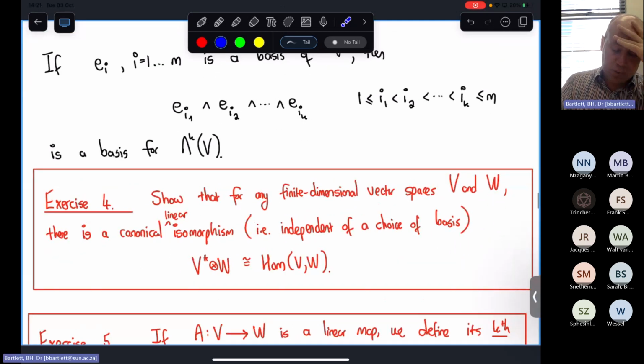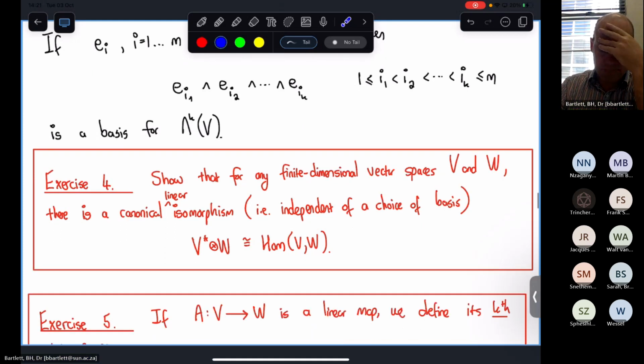So you get all sorts of really important facts. For example, if you take the dual space of a vector space and tensor it with some other vector space, then that's canonically isomorphic to linear maps from V to W, as long as your vector spaces are finite dimensional. You'll always get a map this way, but it will be surjective when V and W are finite dimensional.